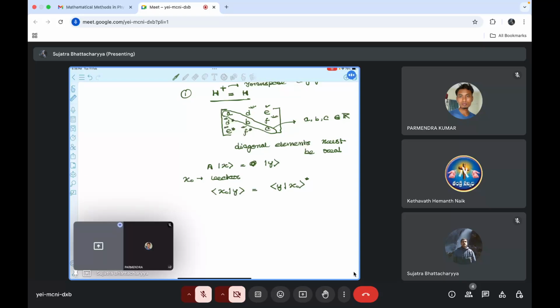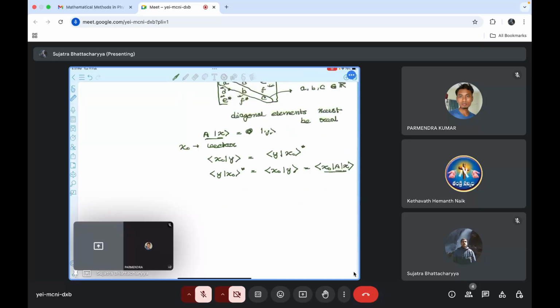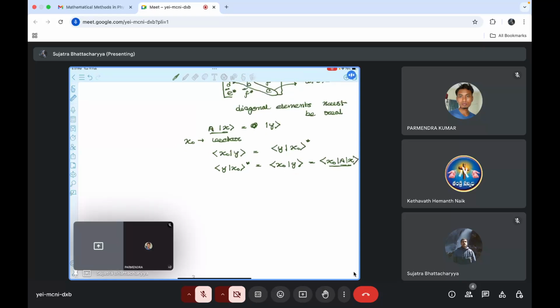So there is nothing new about this. So what I can write is that this y x naught star, which is nothing but x naught y, can be written as x naught A x. Okay, this thing I am just putting it here. Fine, so three together we just write it like this.